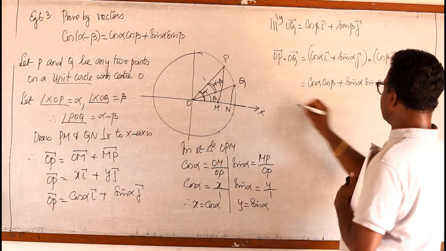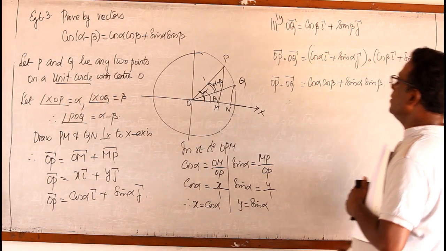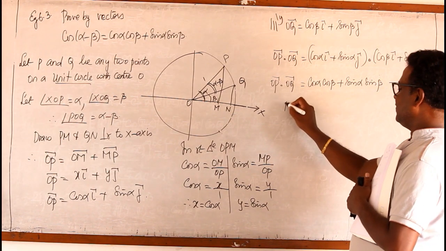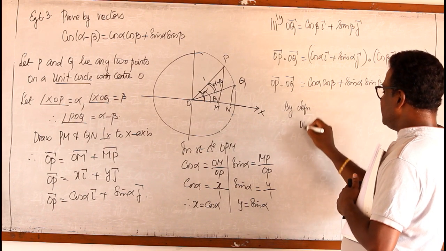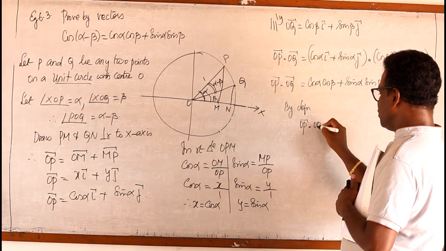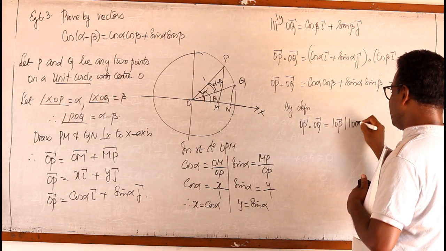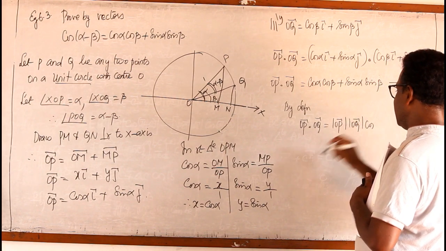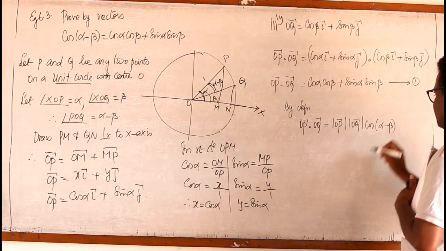Let me keep this as 1. What is this? OP vector dot OQ vector. But by the definition of dot product, OP vector dot OQ vector is modulus of OP, modulus of OQ, cos of the angle between P and Q, which is alpha minus beta.